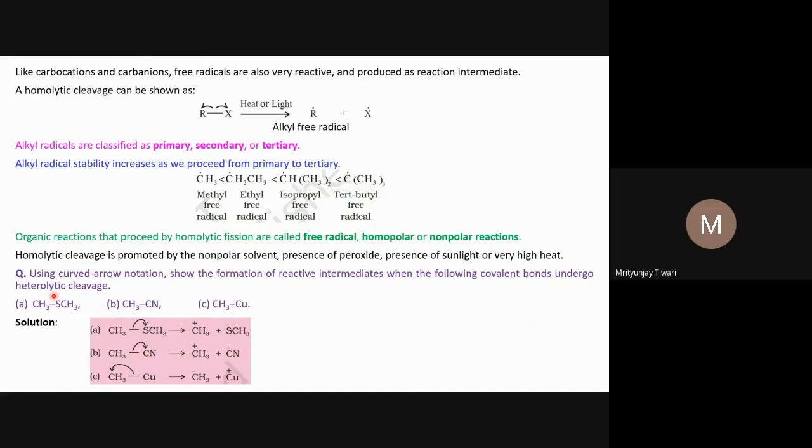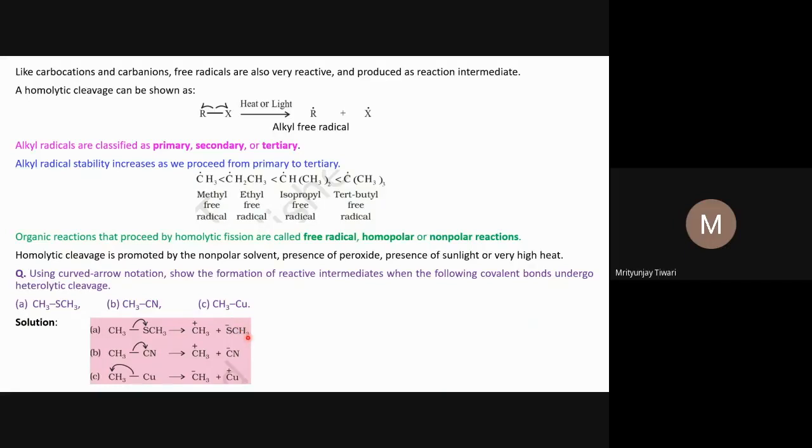And once we understand the shared pair of electrons, we just have to show the curved arrow. So this shared pair of electrons will go on the sulfur atom since its electronegativity is more than that of the bonded carbon. And one can use this arrow as you can see here in this example. Once this bond is broken, a methyl carbocation and a negatively charged species will be formed.